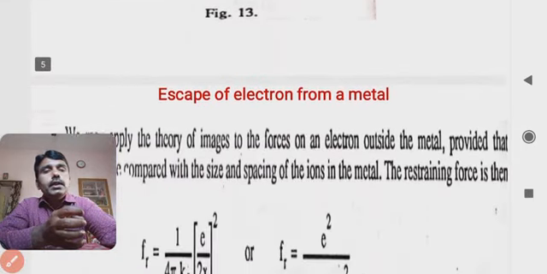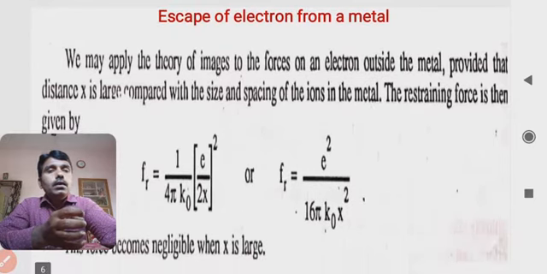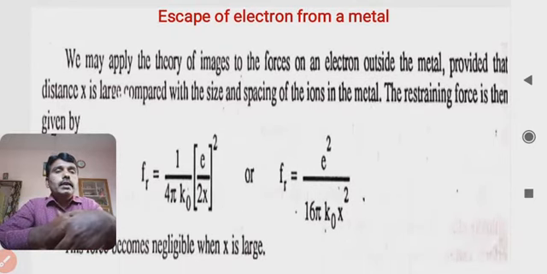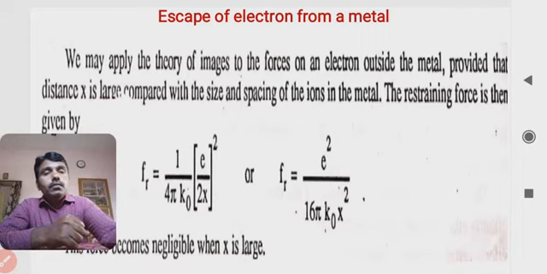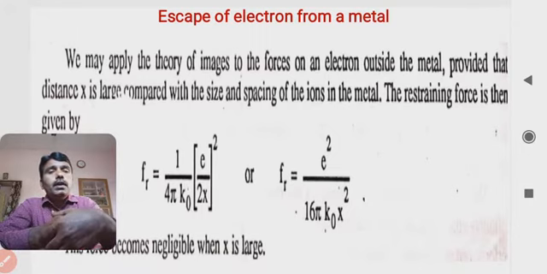Now, in this case, according to the theory of images, the force on the electron outside the metal, at distances x that are large compared with the size and spacing of the ions in the metal, is given by F(r) equal to 1 by 4 pi epsilon naught into e by twice x whole square, or F(r) equal to e square upon 16 pi epsilon naught x square.